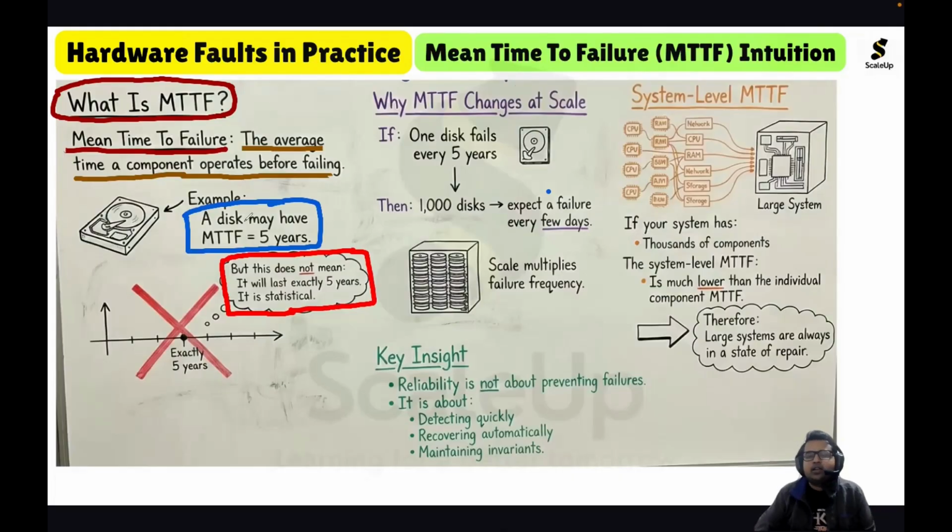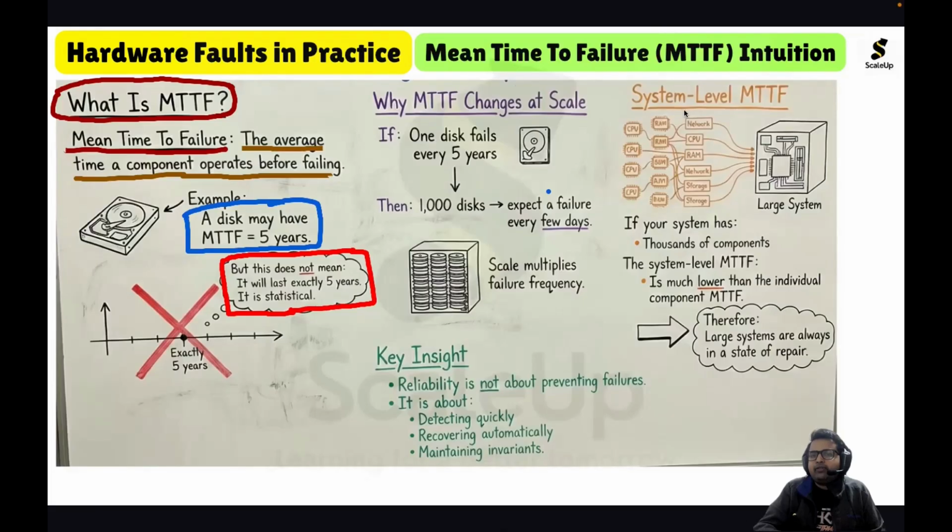The disk might break down in 2 years itself, or in 3 years itself. So MTTF is a statistical measure. It is giving us an idea about the average time a component operates before failing. It is not about how long the component will last. So this difference is very important.